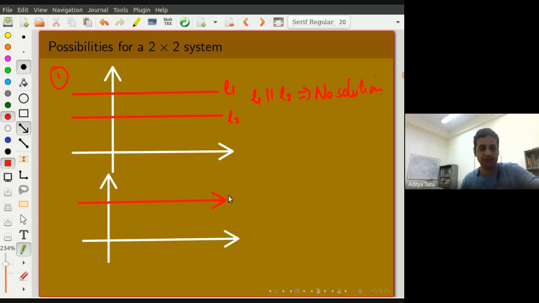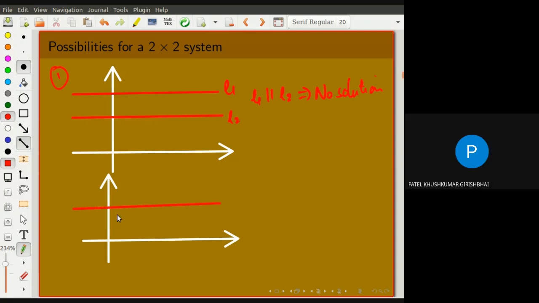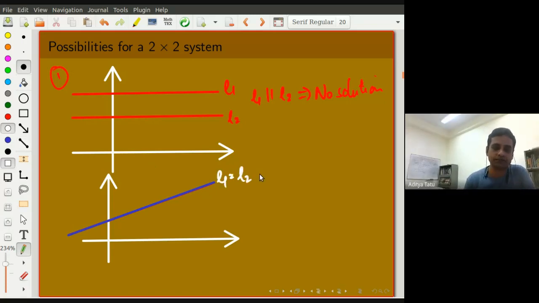Now coincident lines. Line 1 is the same as line 2. But would the equations also have to be the same?